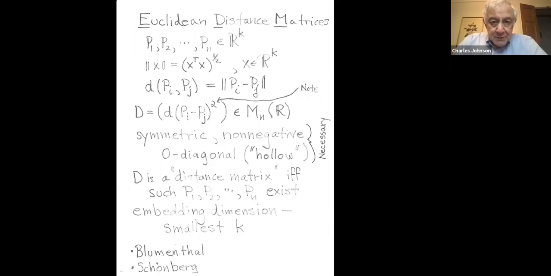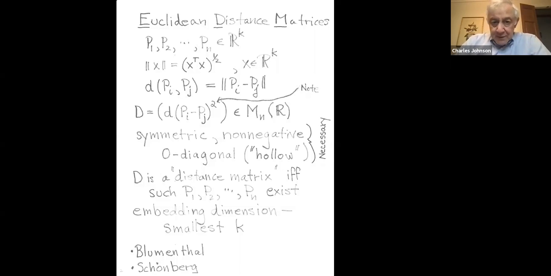Okay, so what's a Euclidean distance matrix? Well, we start with some points in R^k. Let's suppose we have n of them. And I'll use the usual notion of distance, Euclidean distance. And so I'll say that the distance between point Pi and Pj is just the Euclidean norm of the difference between Pi and Pj.